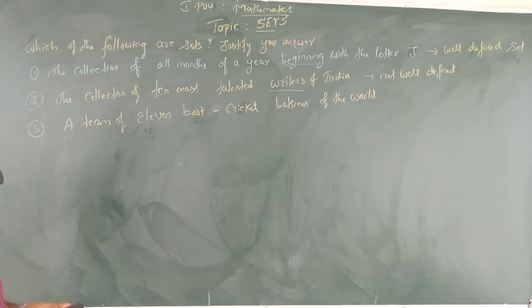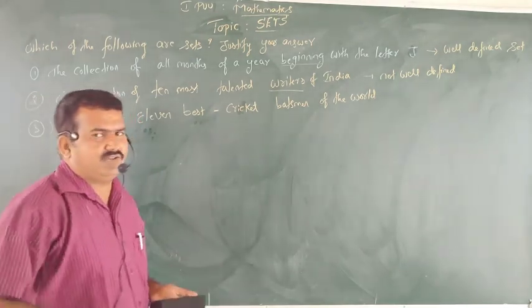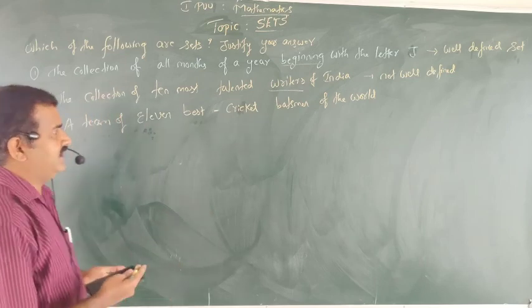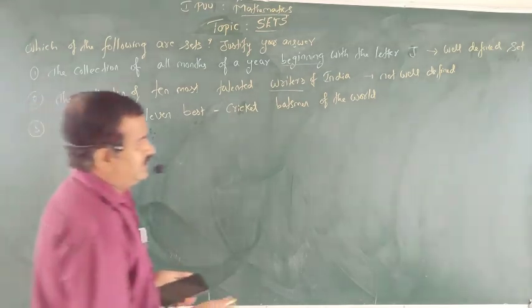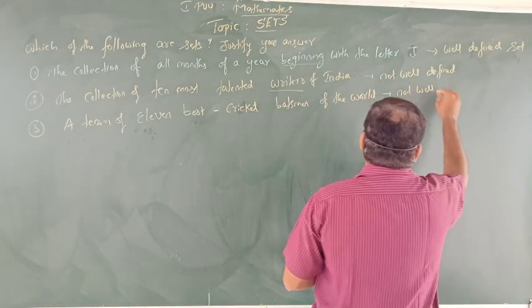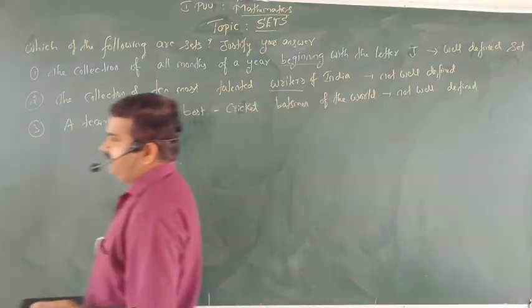It is not well defined, because it is the same thing as the previous example. It will vary from person to person. The best batsman will vary, so it is also not a well defined set.